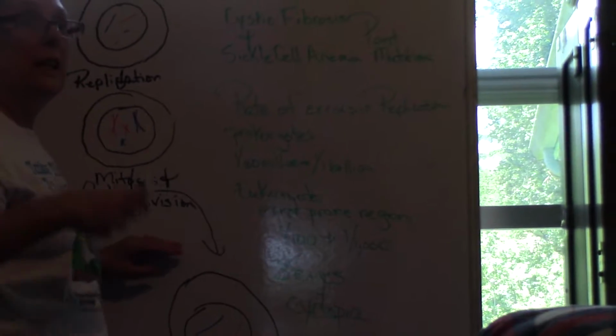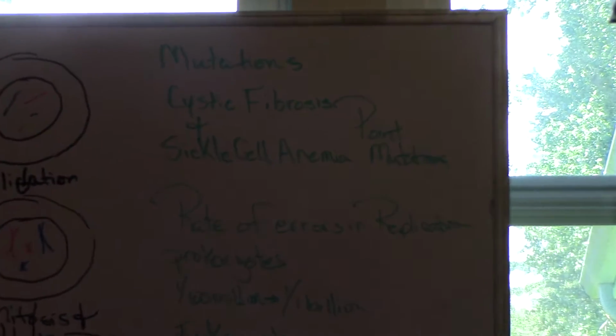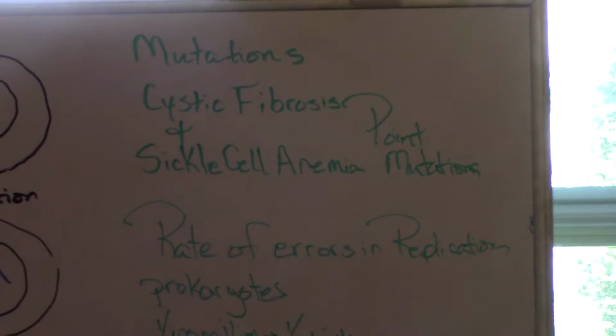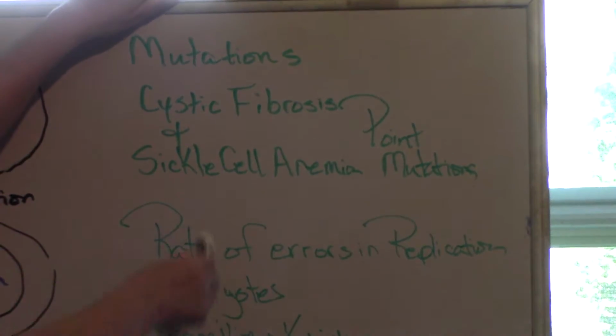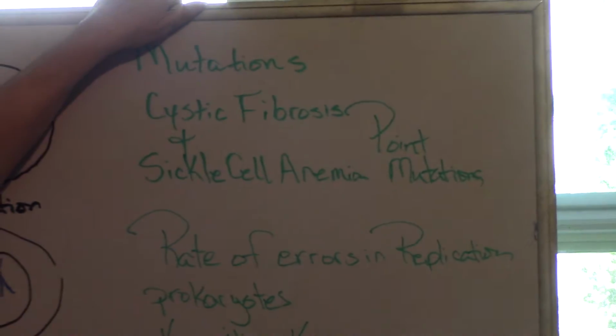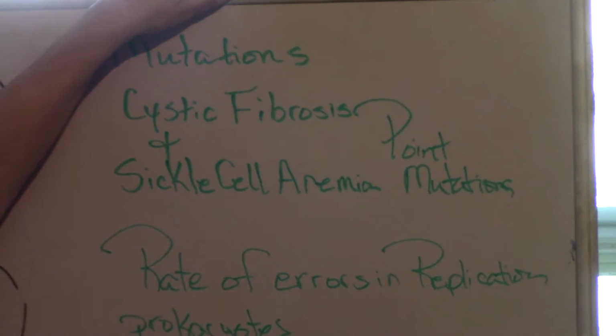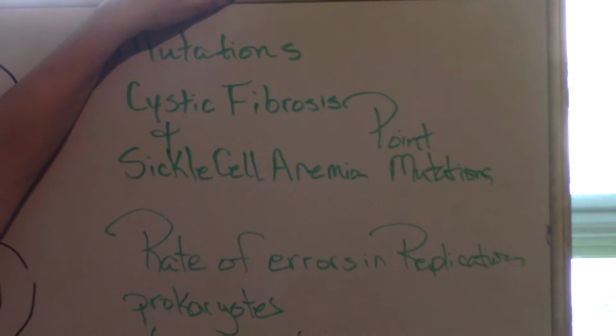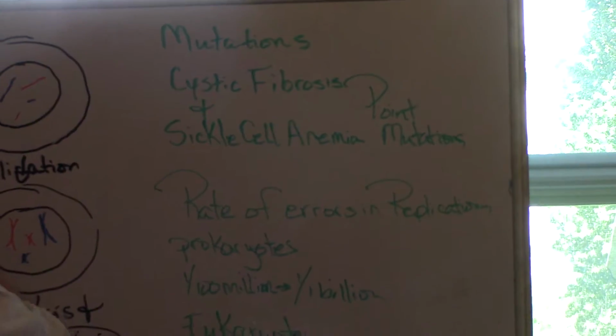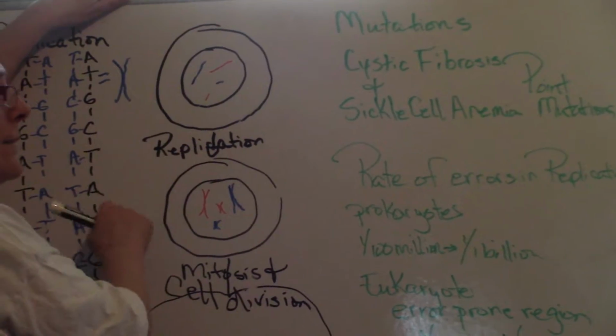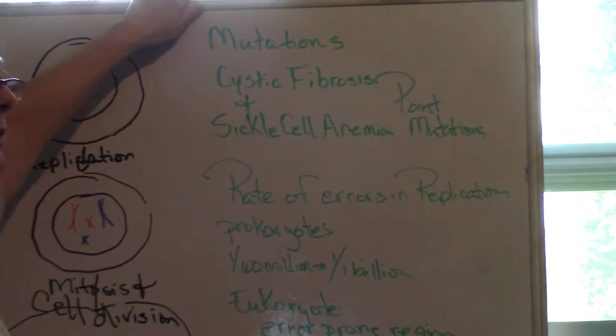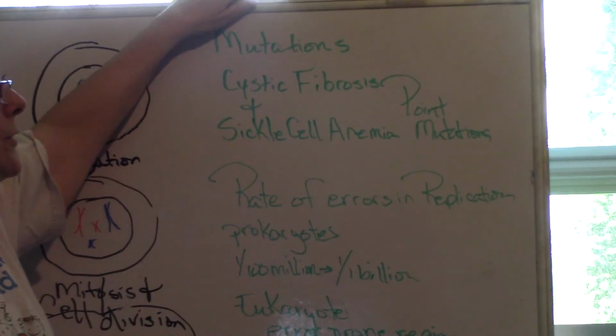Now I want to pull this over and answer a couple of questions. These would be left over, and some of these will come back when we talk about genetics. Mutations. There were quite a few questions about mutations. I was asked about cystic fibrosis, about point mutations, and how one single change in the DNA, one nitrogen base, could be such a problem, could cause death.